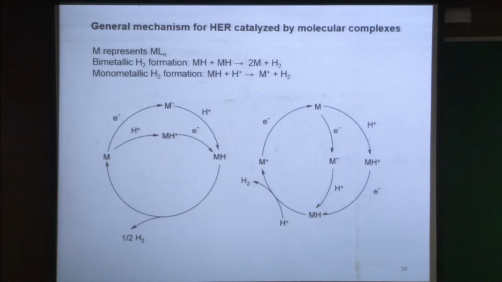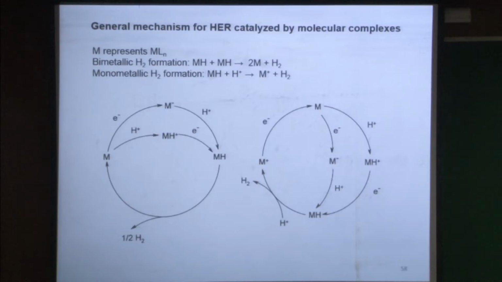You can either reduce it by 1 electron and then protonate it by a proton, making a metal hydride, or you can protonate it first and then add the electron. In any case, you go from M to MH. Whether you protonate then reduce, or reduce then protonate, depends on the catalyst and the structure and so on. Once you get this intermediate, you make hydrogen and regenerate your metal hydride.